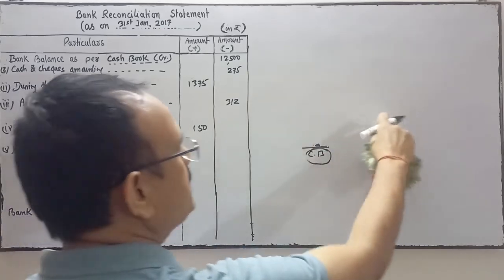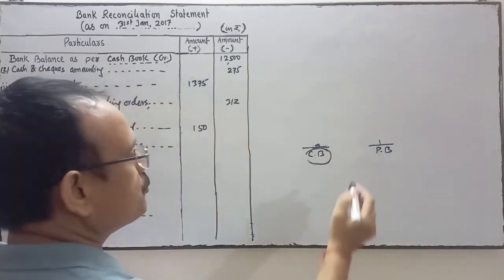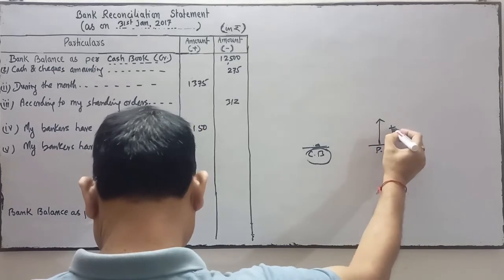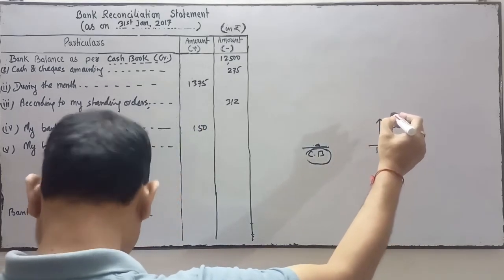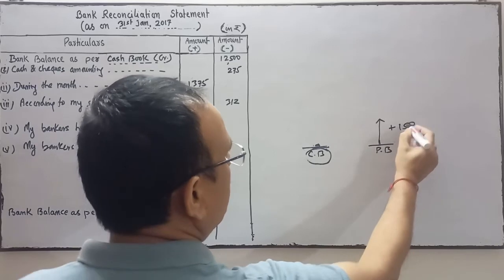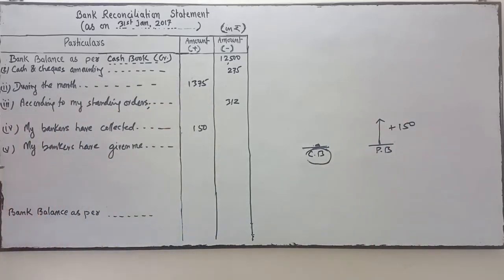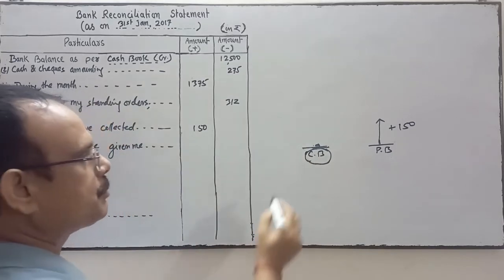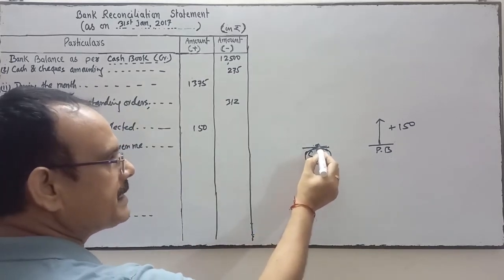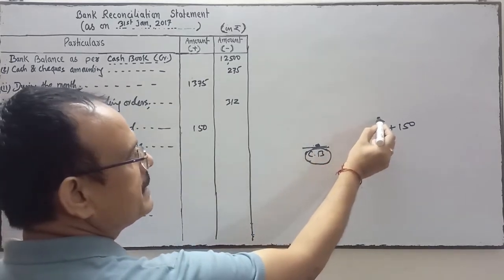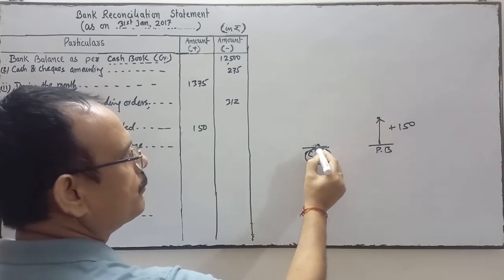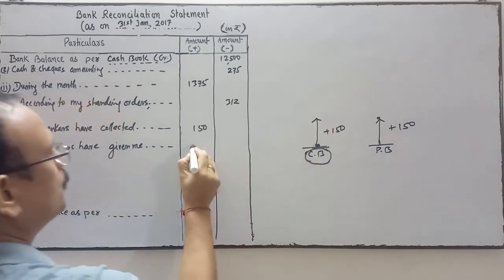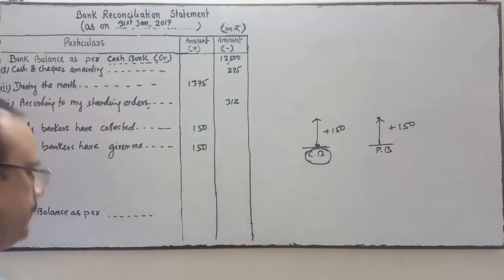So in the passbook, if wrong amount is credited, passbook balance is increased. It is wrongly credited by 150. So passbook balance will increase by 150. That mistake is not done in the cash book. So cash book balance is not increased. Cash book balance is here and passbook balance is here. To make the balance equal, what we'll do? We add in the cash book 150 to make the balance equal.